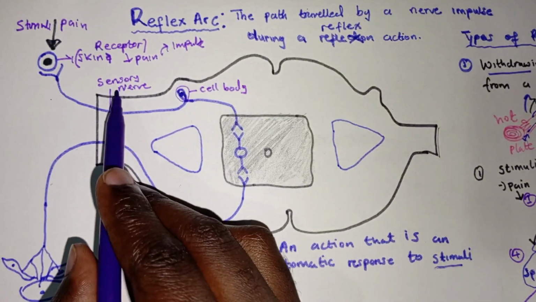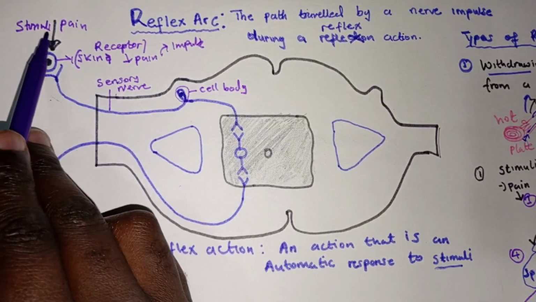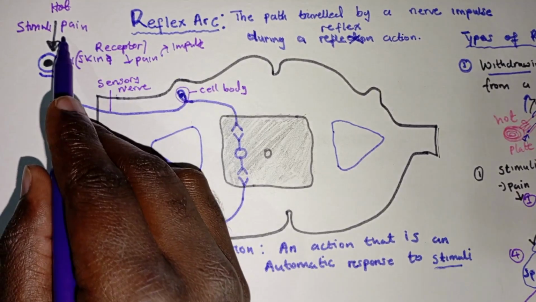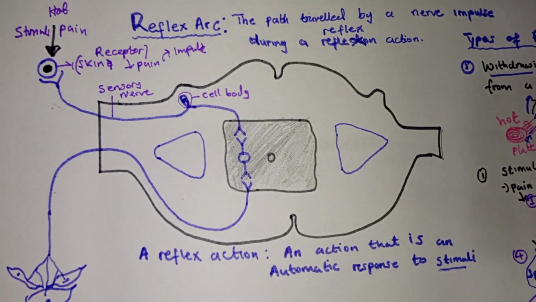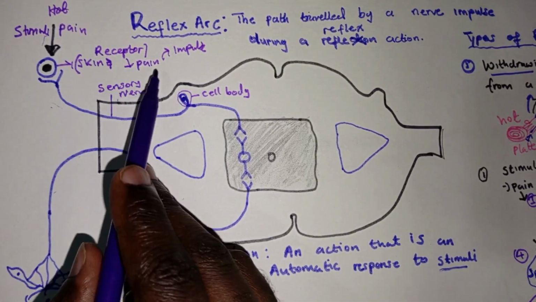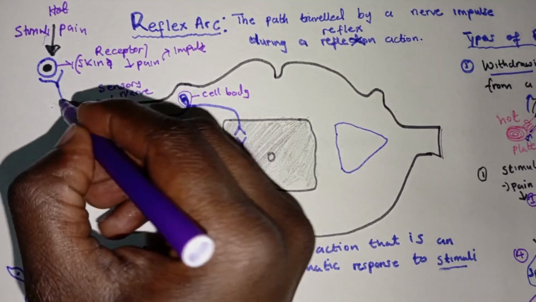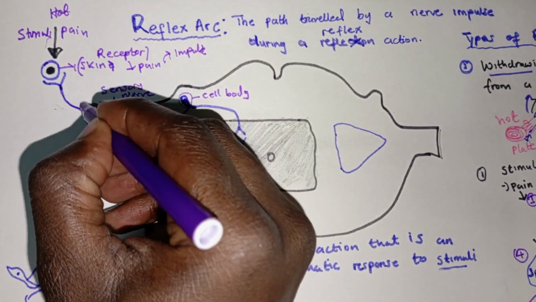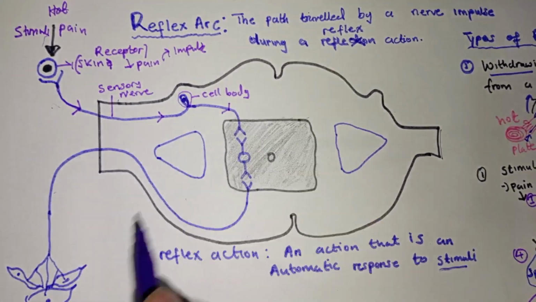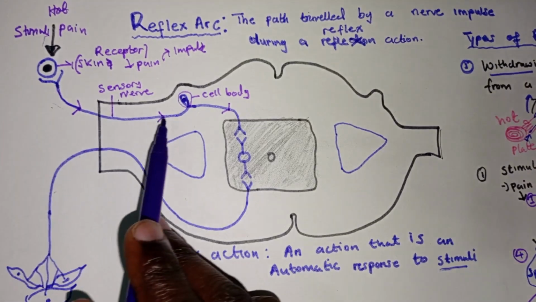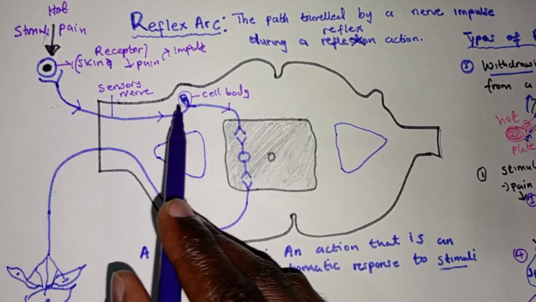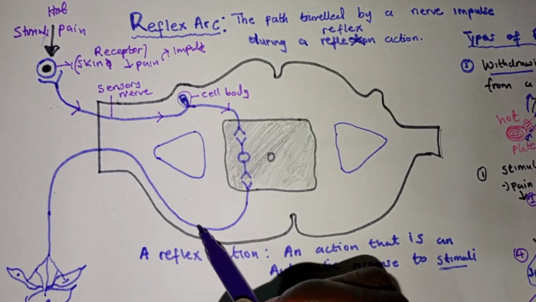So let's say you had something hot, or something that cuts your finger, maybe a knife. Pain there, the skin is a receptor, it converts the pain to an impulse. So this impulse has to go in this direction. That's the direction in which the impulse is coming in. It comes like that into the spinal cord.